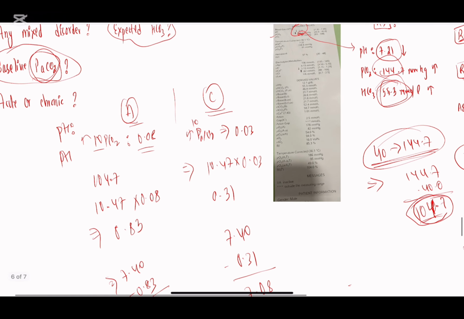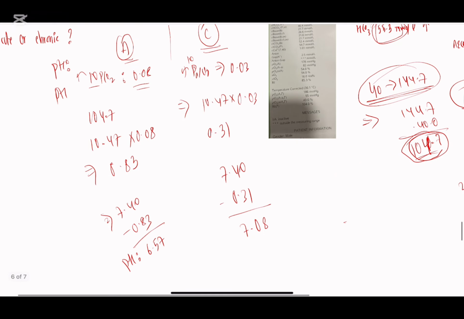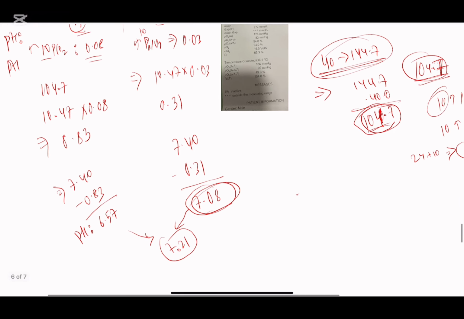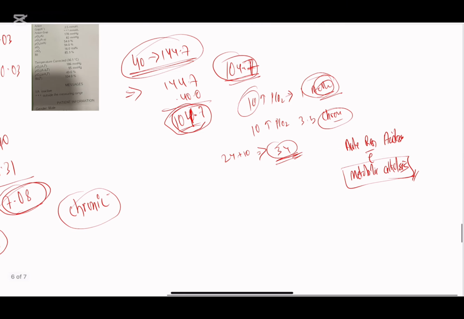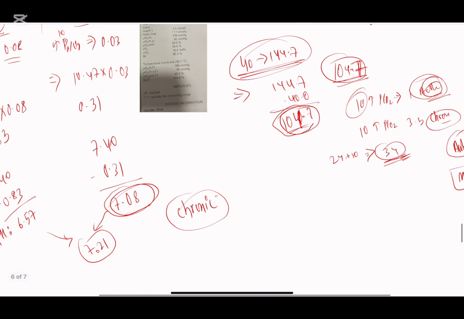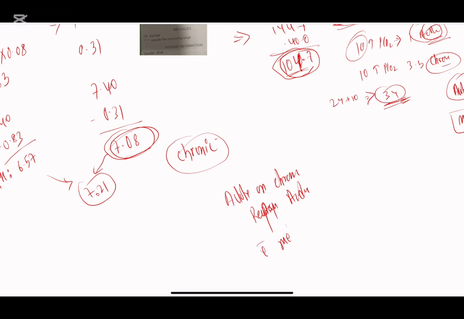And we have got the pH of 7.21. Between these two, this one is closer, so we can say it is chronic. But before we said it's acute, so we can say acute on chronic respiratory acidosis with metabolic alkalosis.